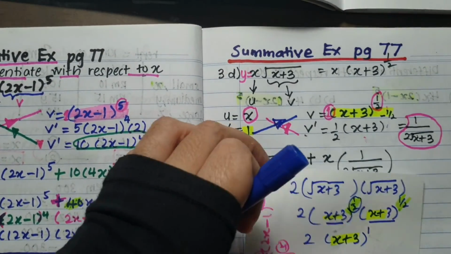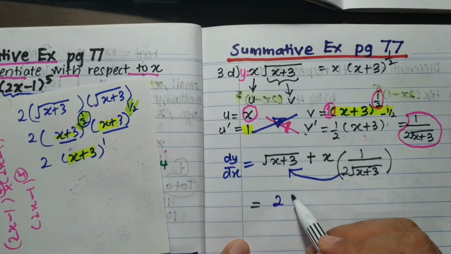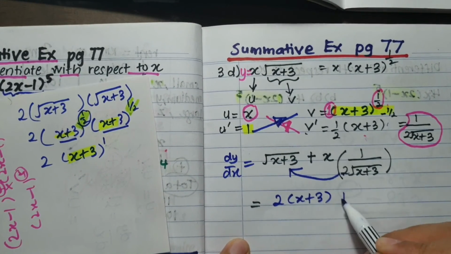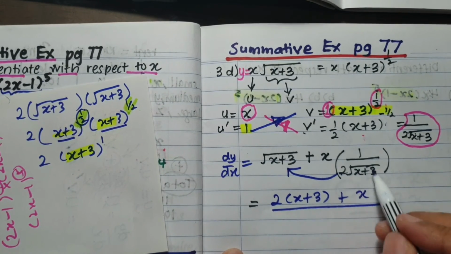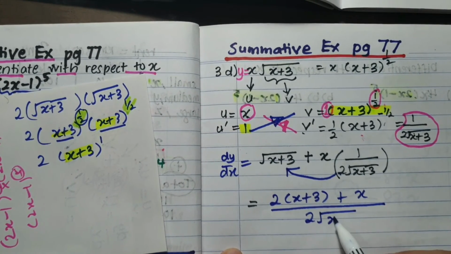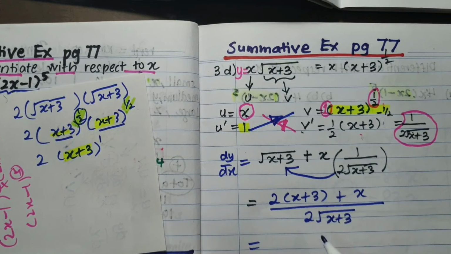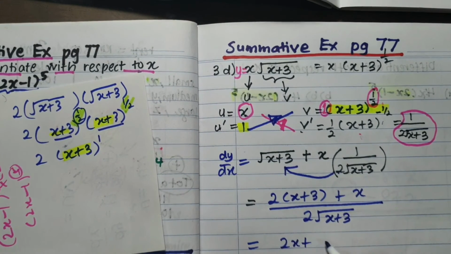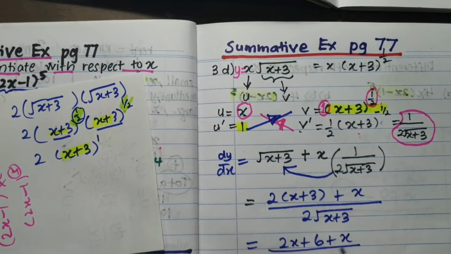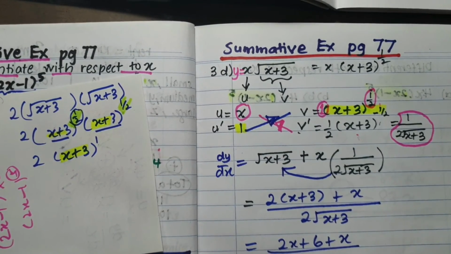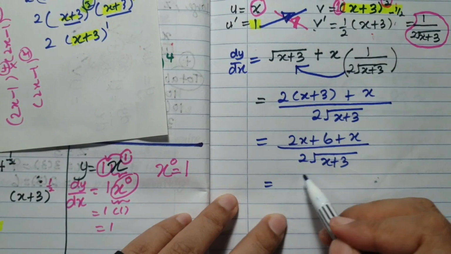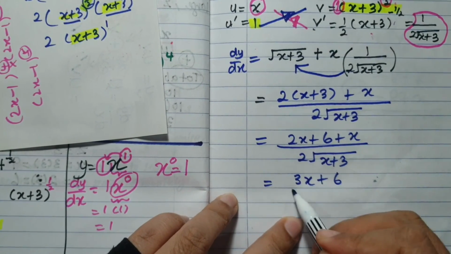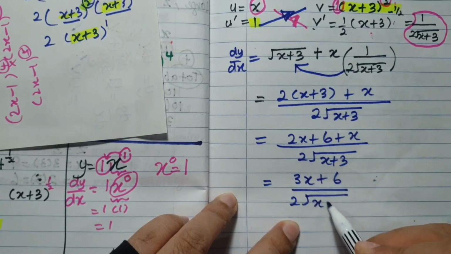So it becomes 2 times x plus 3, plus x times 1 is x, over, don't forget to copy back the bottom. The result is 2x plus 6 plus x over 2 square root of x plus 3. Finally, 3x plus 6 over 2 square root of x plus 3.